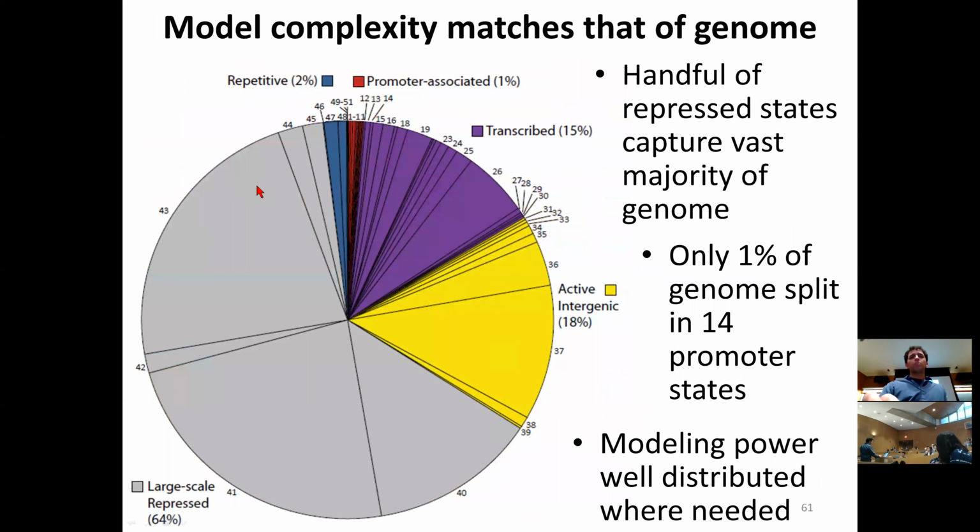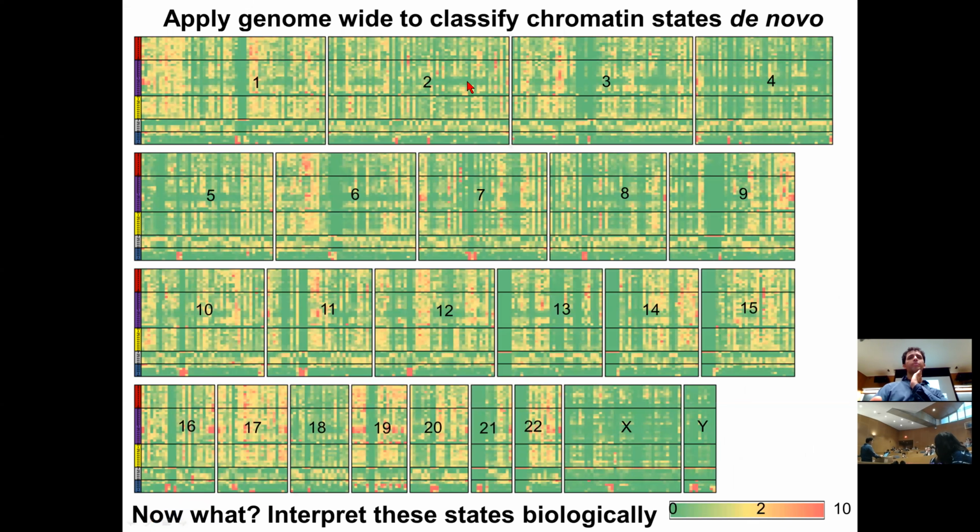The complexity of the model matched the complexity of the genome. That means that more states were assigned to tiny little fractions of the genome, and a small number of states covered the vast majority of the genome. It didn't just partition the genome into equal size bins. It said, well, there are these promoter states that are extremely important, even though they only cover 1% of the genome.